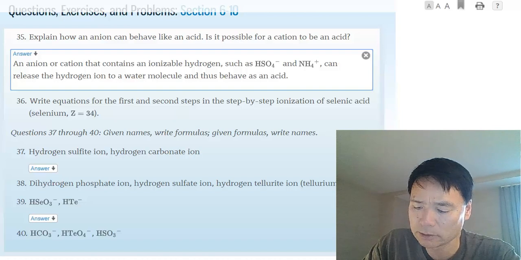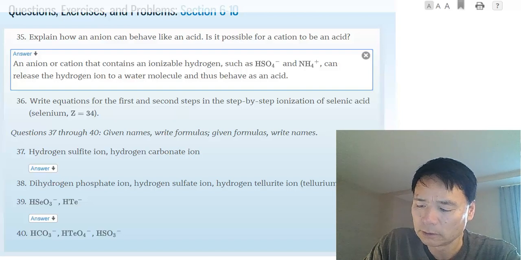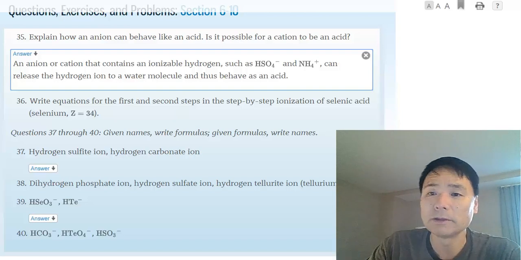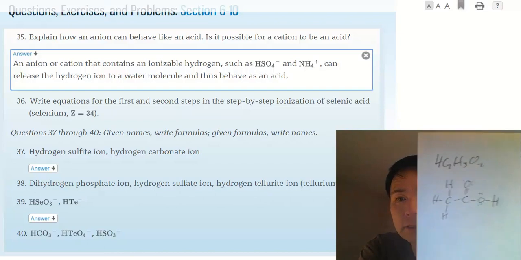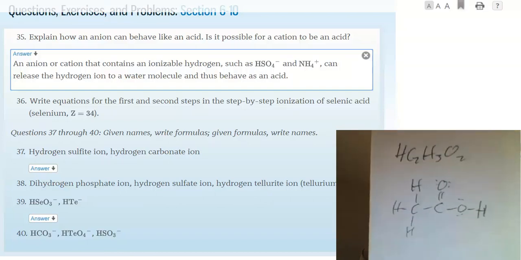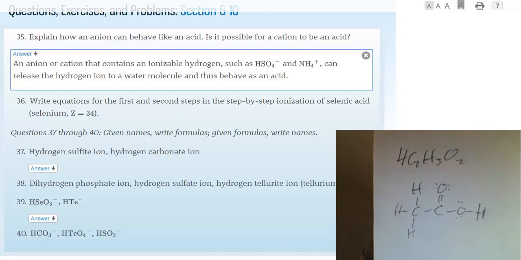For acetic acid, the structure for where those hydrogens are at are a bit different. Here you can see that the hydrogens are different. We have 3 hydrogens bonded to a carbon and 1 hydrogen bonded to the oxygen in acetic acid.